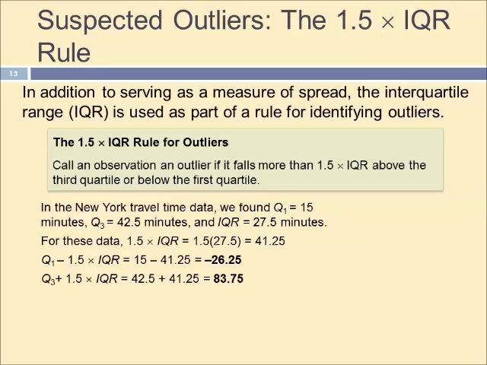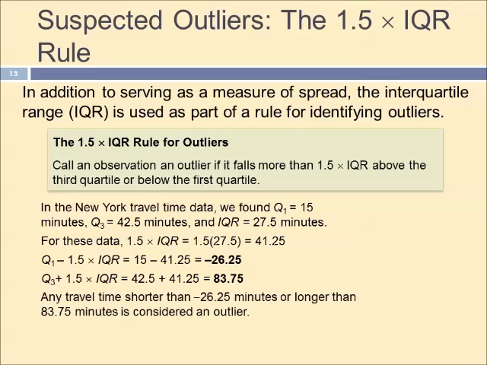We add that number to the third quartile: 42.5 plus 1.5 times the IQR, 41.25, and we get 83.75. So any travel time shorter than minus 26.25 minutes or longer than 83.75 minutes, we consider to be an outlier.